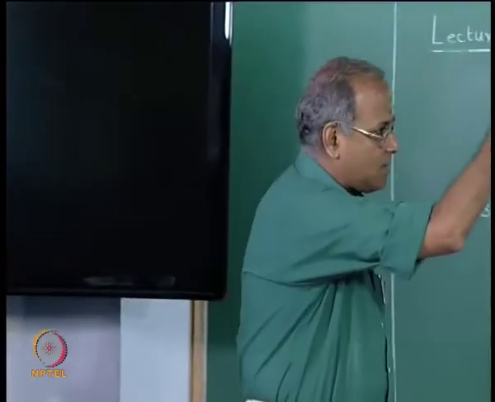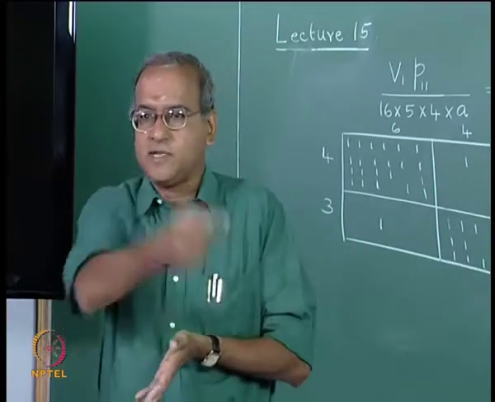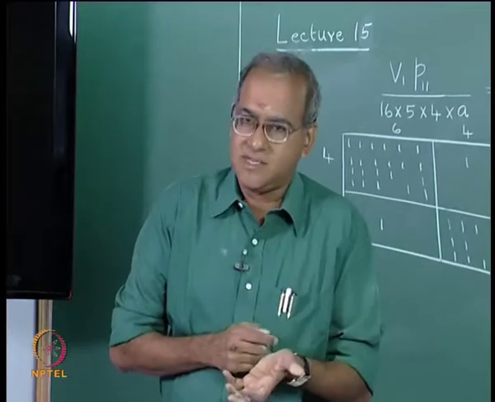What they did is, if there is a part 1, as we have shown here, which requires 4 machines 1, 3, 4 and 6, and we are able to bring all the 4 machines into one cell, there is a certain load taken by this cell and they want to find out the variance in that, and there is a load taken by another cell for this part and find out the variance in that.